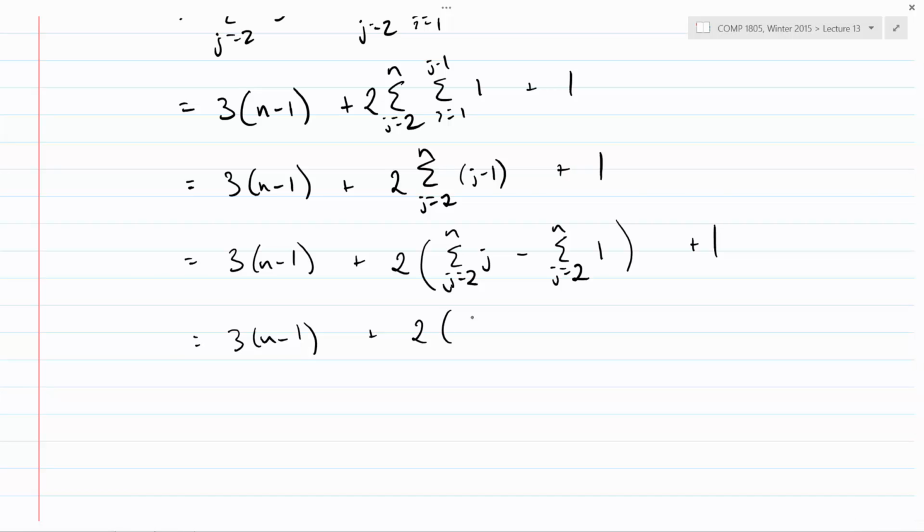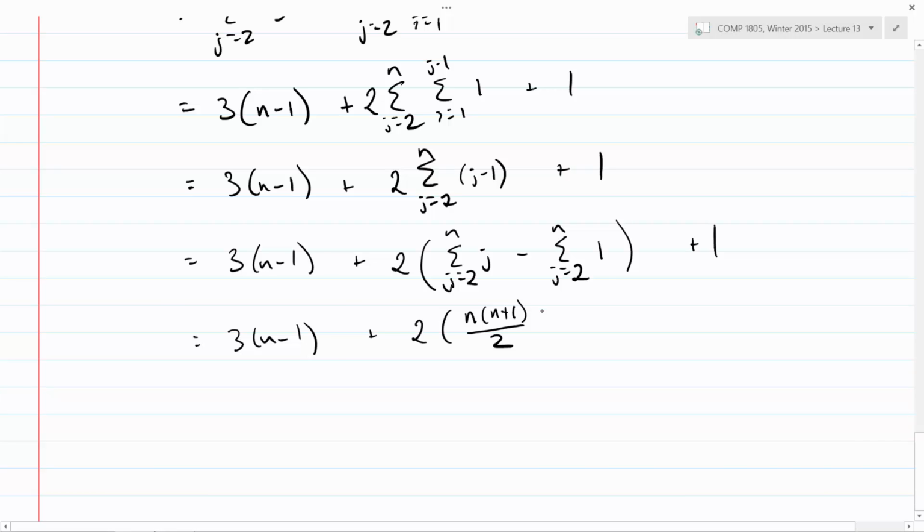So you could approach it that way. Yeah, so if we sum up from j equals 1 to n, we'll get n times n plus 1 over 2. But the problem is that includes 1, but we shouldn't have included 1. So to fix that, you just subtract 1.